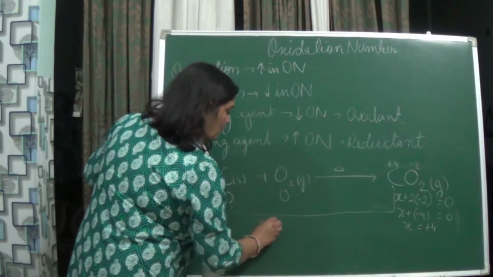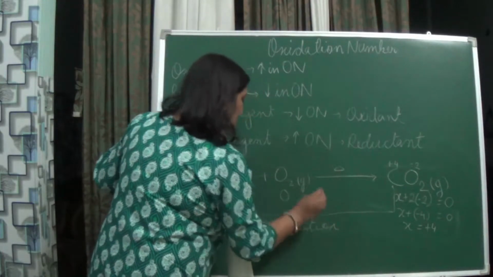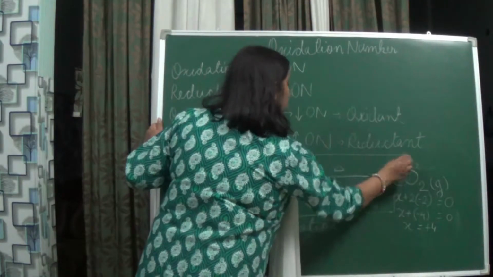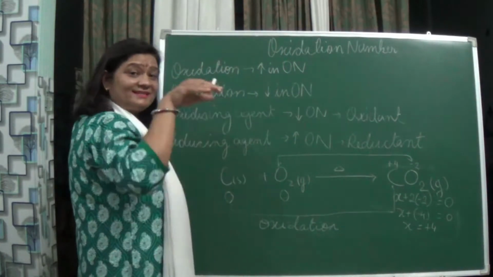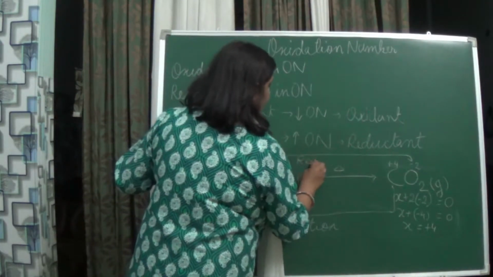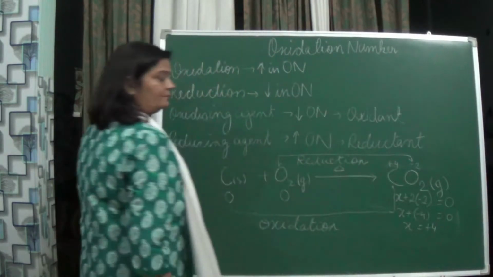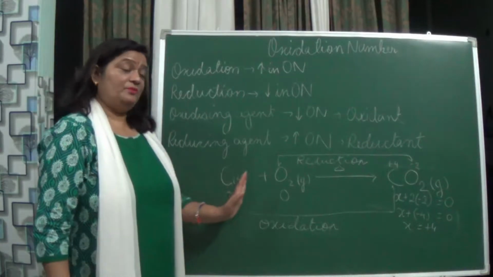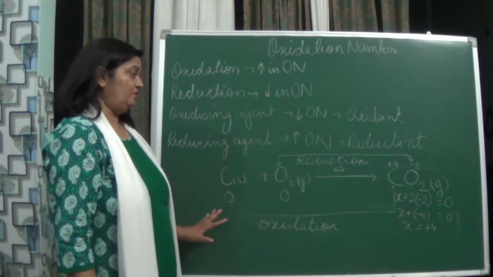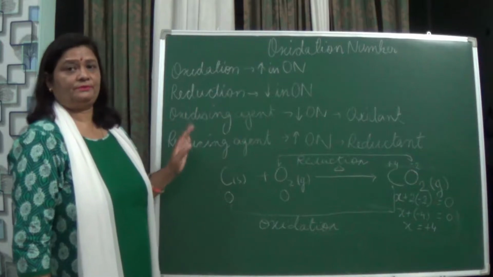And oxygen has gone from 0 to -2, so it is decreasing, and that is reduction. So with the help of increase and decrease in oxidation numbers, we can say which is being oxidized and which is being reduced.